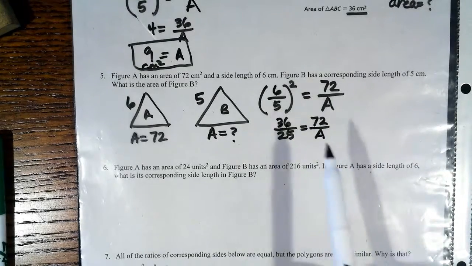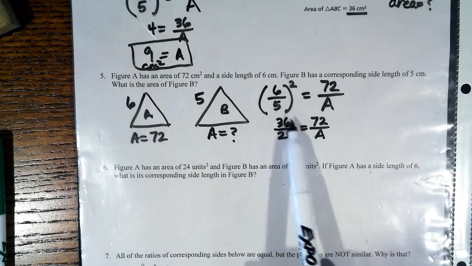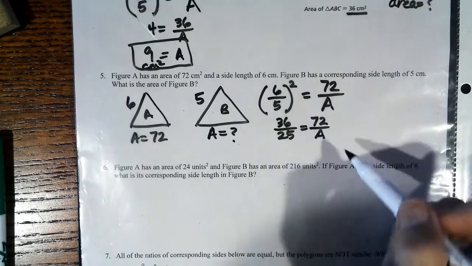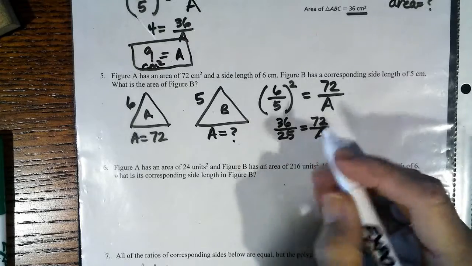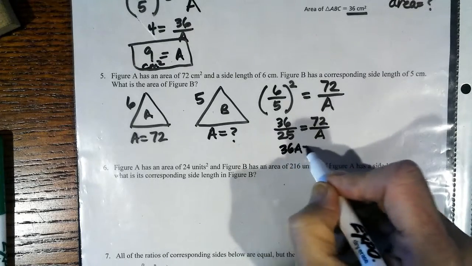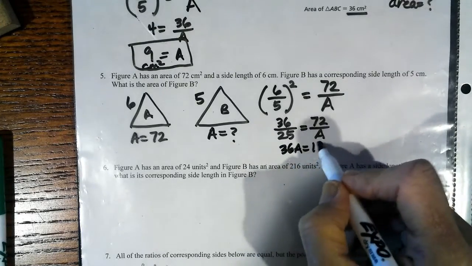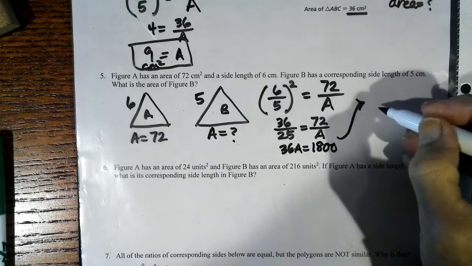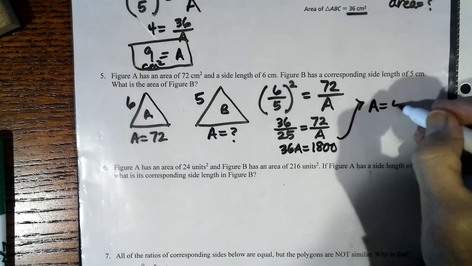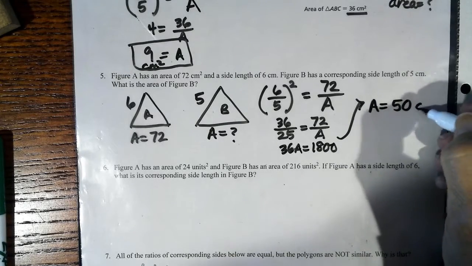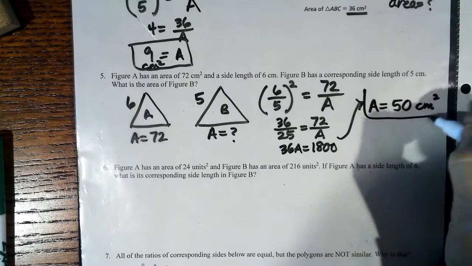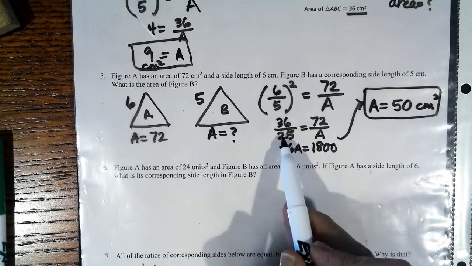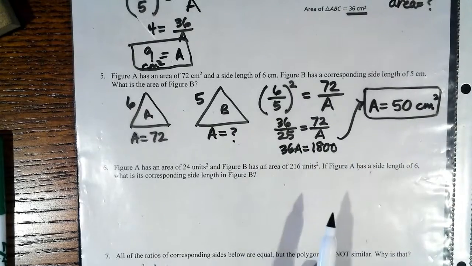Did anybody notice now that 72 is twice as much as 36? So you can either cross product and get 36A equals 1800, or you could just go straight up here and notice that the area equals 50, and those will be centimeters squared. 36 times 2 is 72, so 25 times 2 is 50, so that's a reasonable answer.